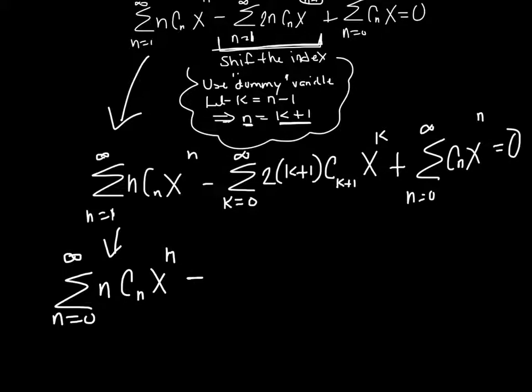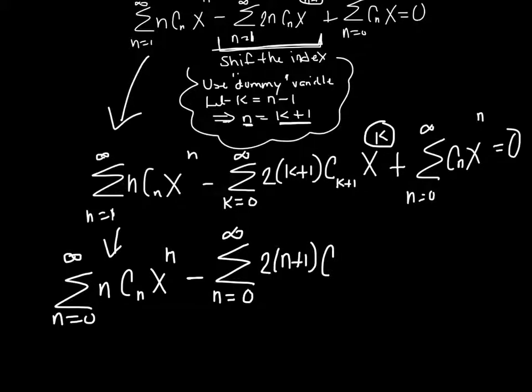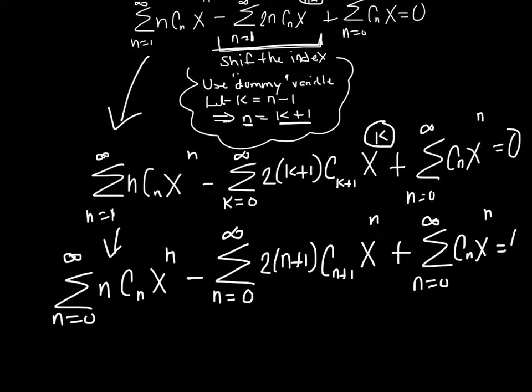Now remember, k is a dummy variable, so I can go back to n. So I'm going to change my k's to n's. So n equals 0 to infinity, 2 times n plus 1, c sub n plus 1 times x to the n, plus, and then again, this last summand, which I haven't done anything with, was our original assumption for y.